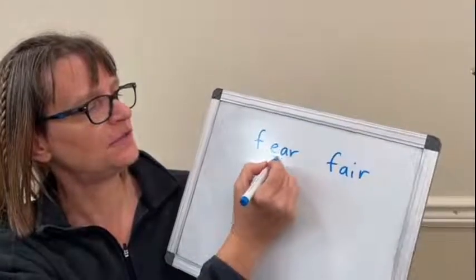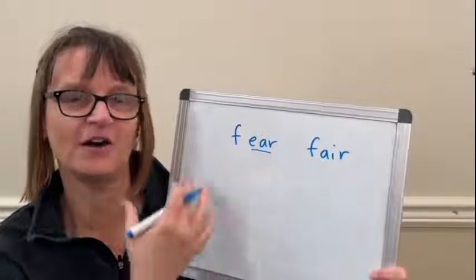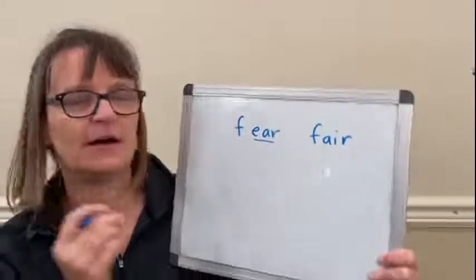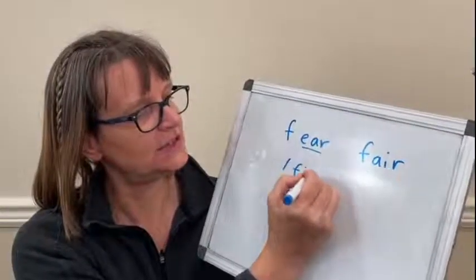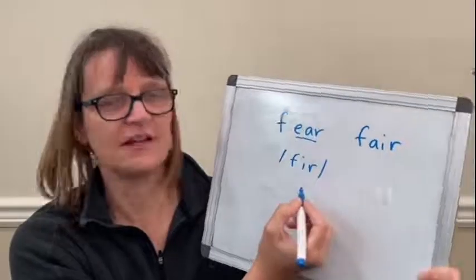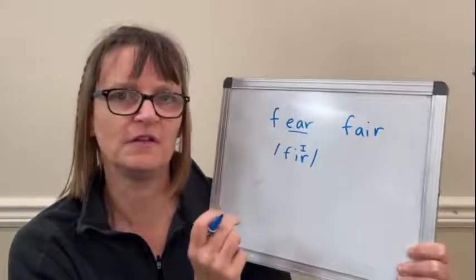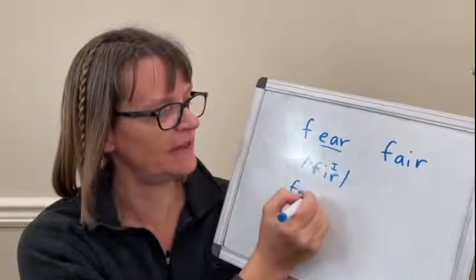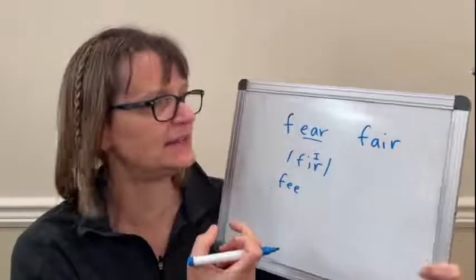So I do think of the ear as being spelled E-A-R, even though we have many different ways we can spell the ear sound. It goes from the E, tense E, to the uh, so you'll see it like this in the dictionary. Sometimes they write it with an ih, but I think it's easier for people to think about a word like fee and fear, staying bright on that E sound.